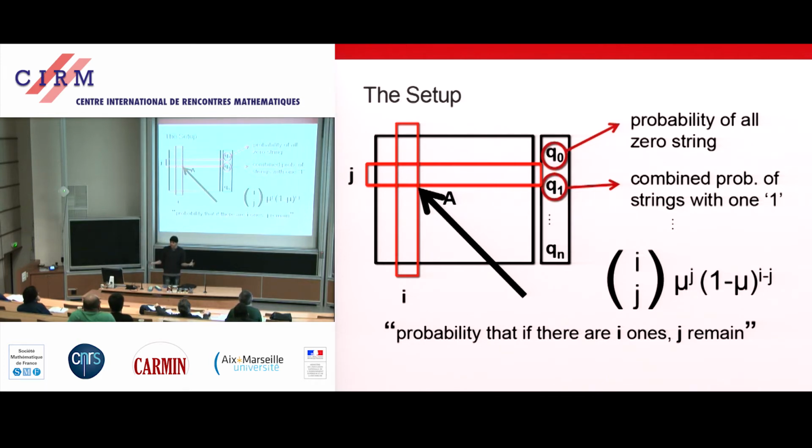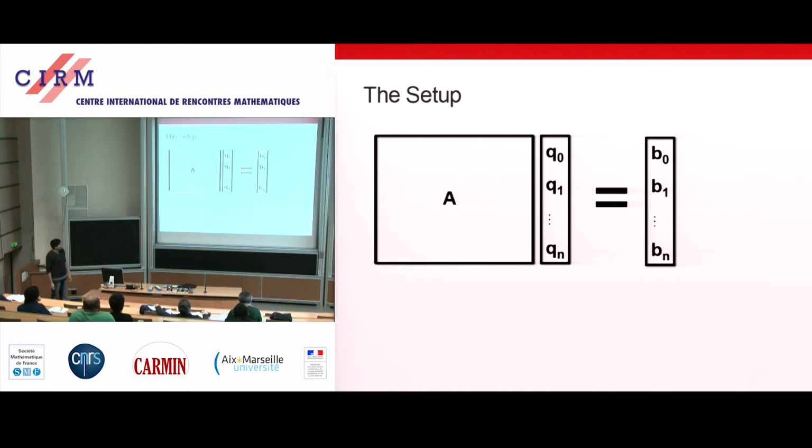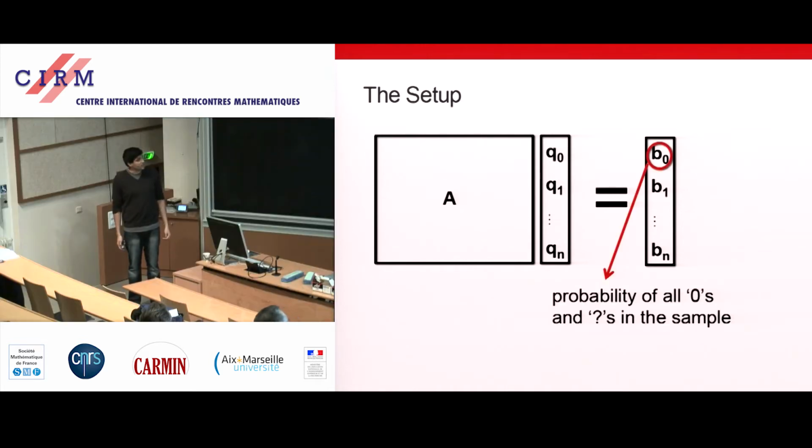So you have i choose j, which j things survive. You have mu to the j, because that's 0.1 to the j, the chance that those things survive. And then 0.99 to the i minus j, in the hopes that everything else gets deleted. So this is literally just this very simple matrix whose entries are binomial coefficients. And I want to find Q0. That's the problem.